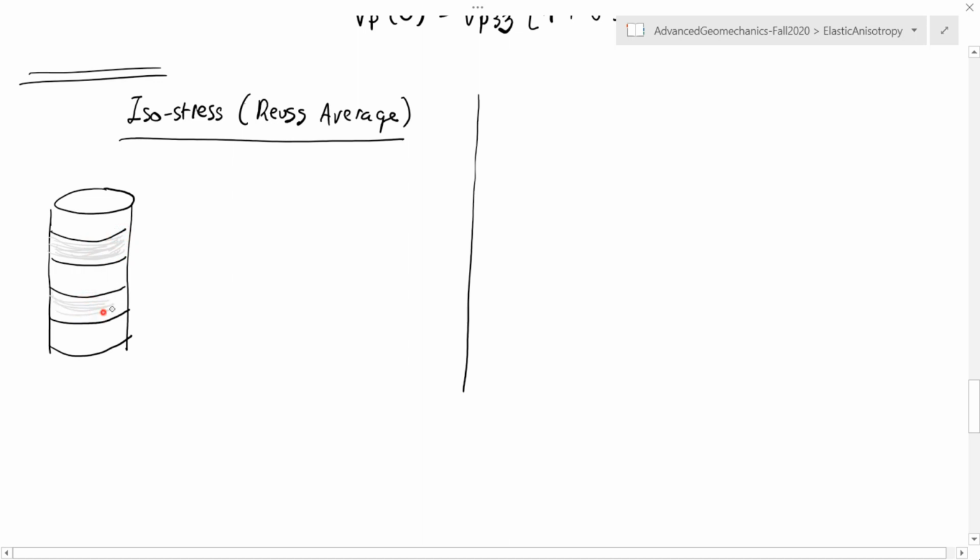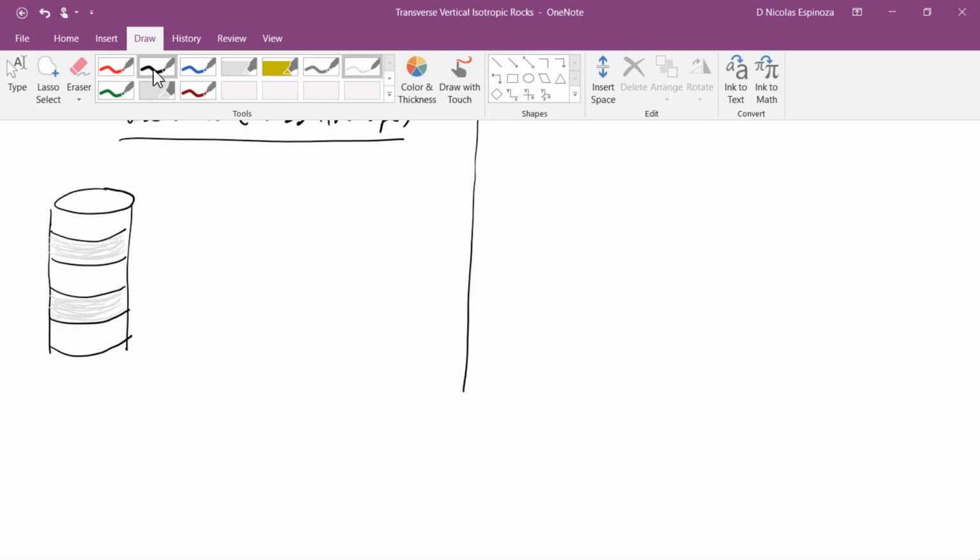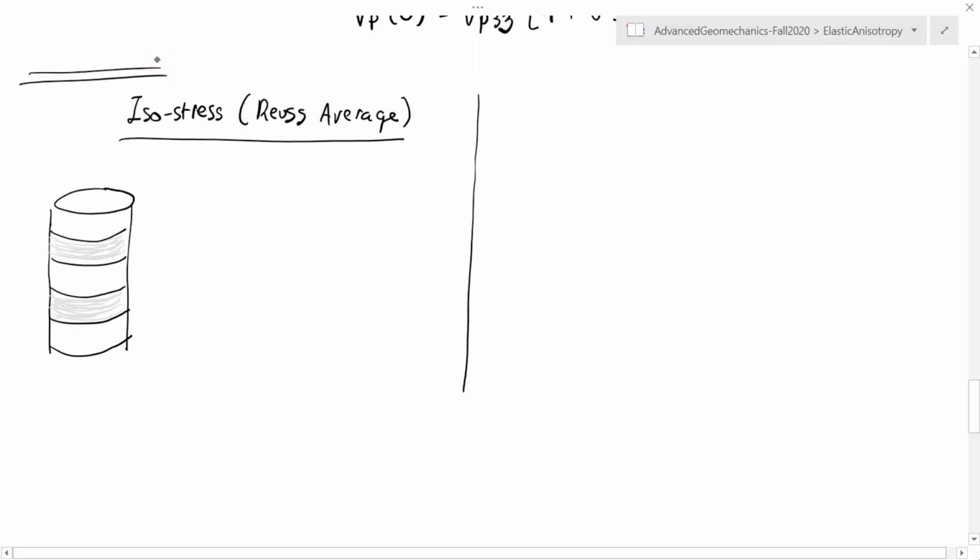We're going to make the gray layers the soft layers and the white ones the stiff. For example, in this layer I'm going to have the Young modulus of the soft layer, and here the Young modulus of the stiff layer.